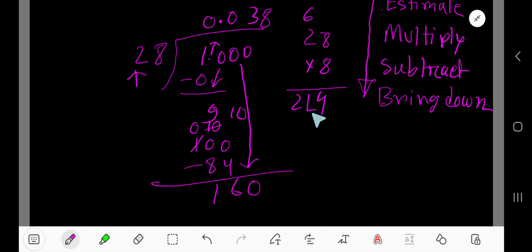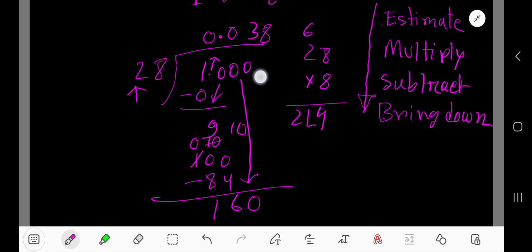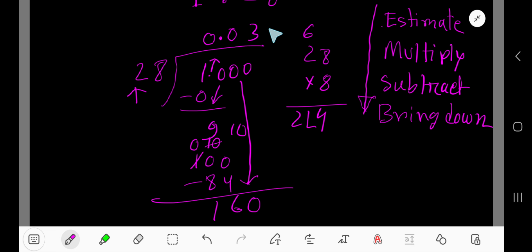So what will you do? You need to reduce the amount. From 8 you can reduce 3, that is 5, you can consider 5. And let's try.